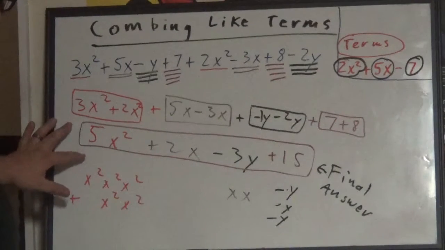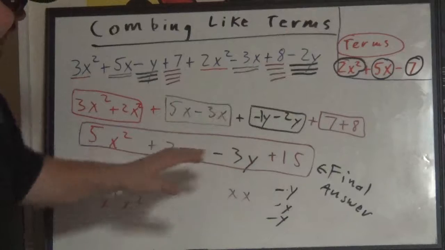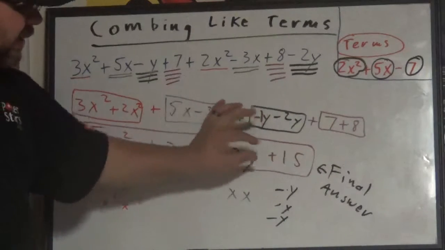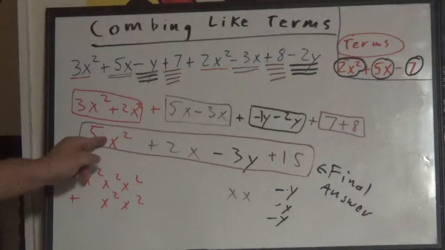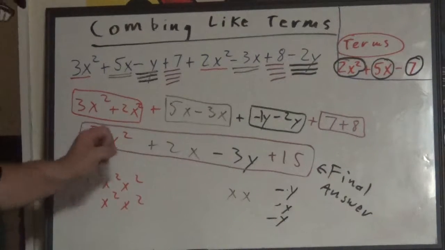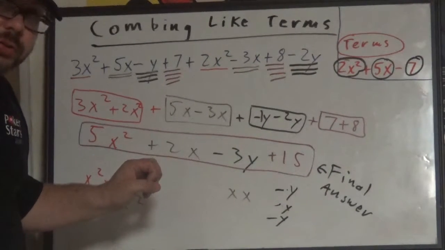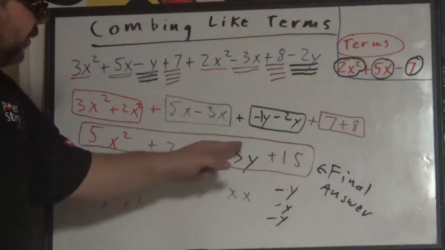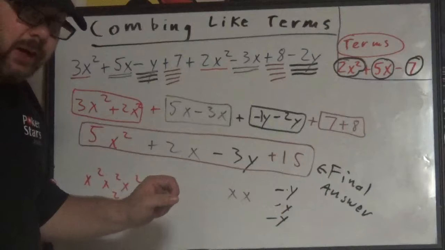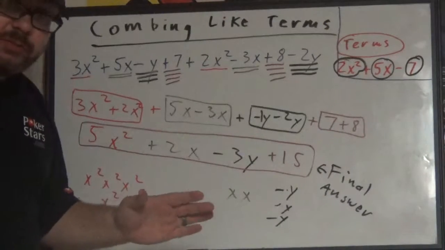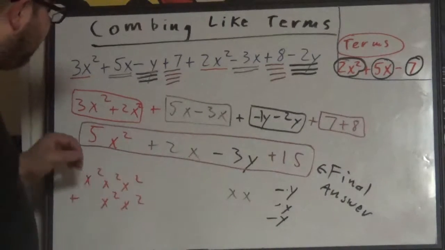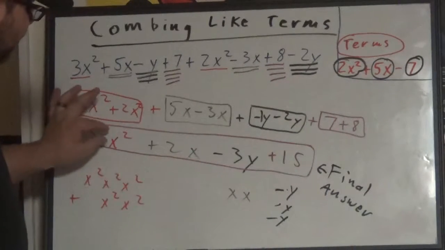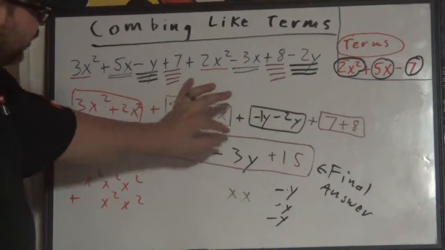So the reason this is our final answer is each one of these terms cannot be combined. We have x squareds. We don't know what x squared equals. We have x's. We don't know what x equals. We have a y. We don't know what y equals. And we have 15. We know 15 equals 15. However, we can't add any of these together because the variables are different.